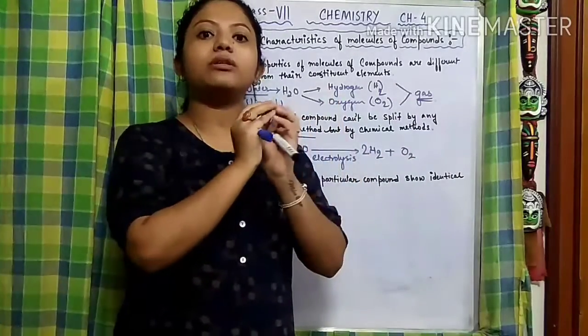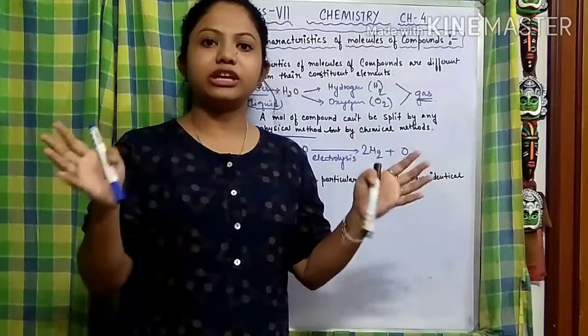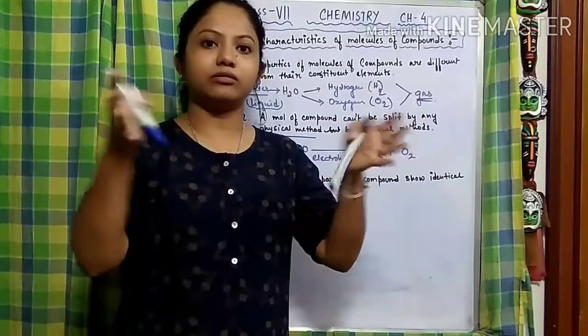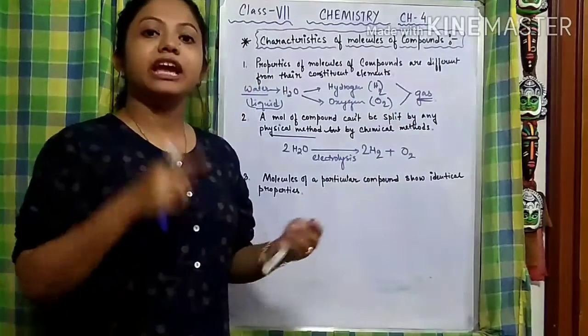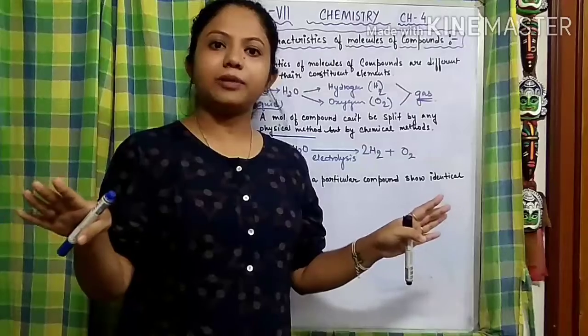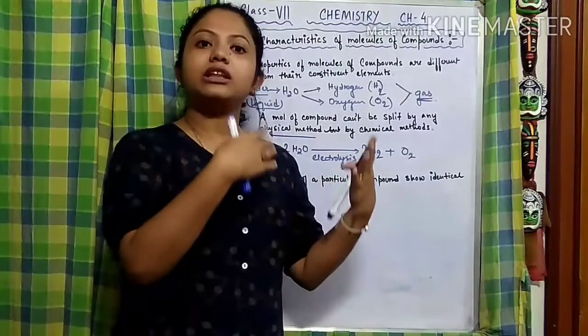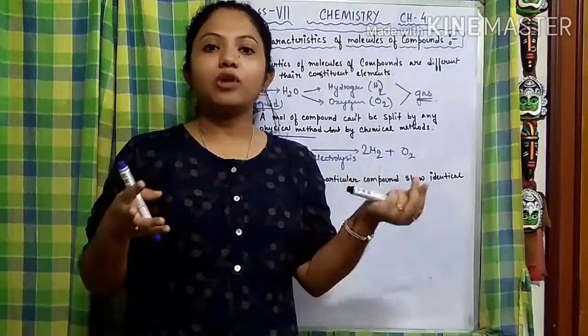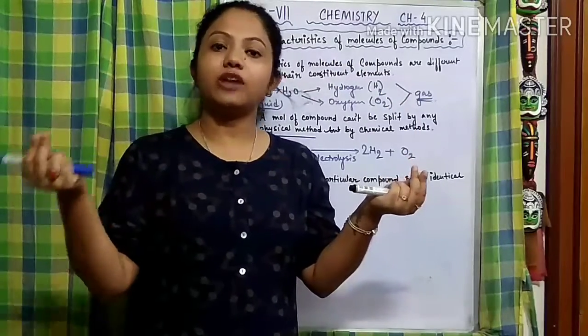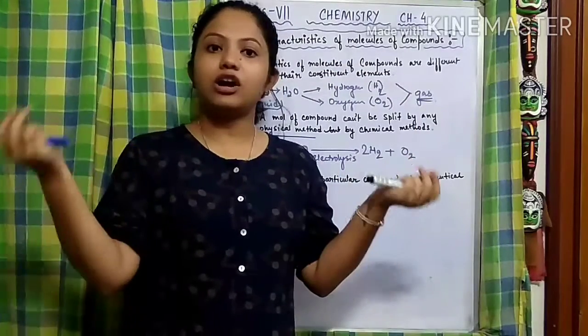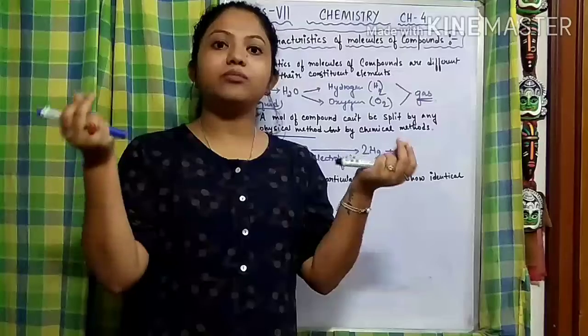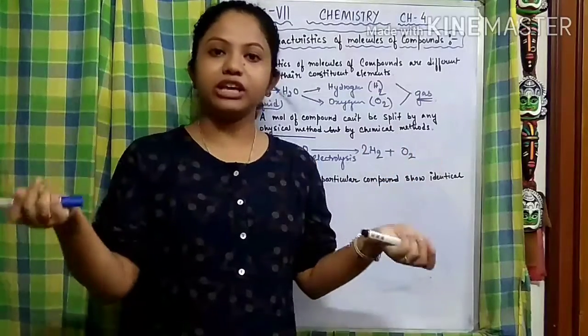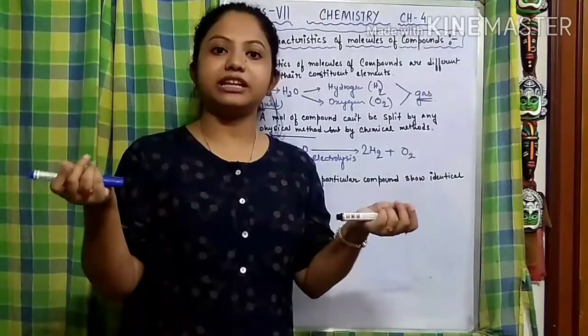So every molecule in a container that is containing water will show identical properties, while it will show different properties if we are comparing one molecule of water with one molecule of carbon dioxide. Both are different compounds and both molecules will show different properties.